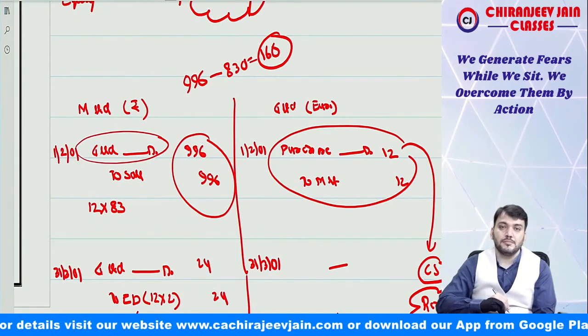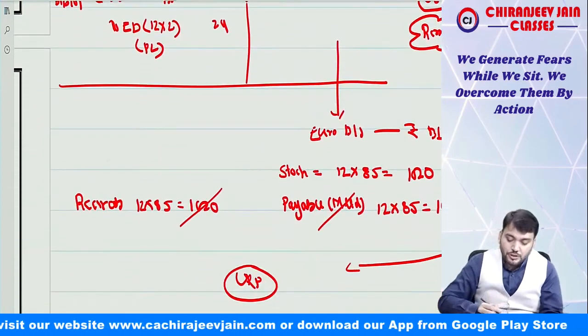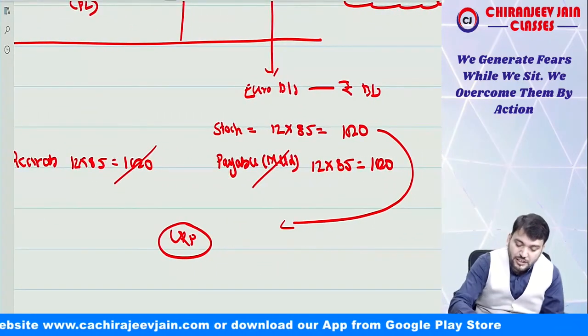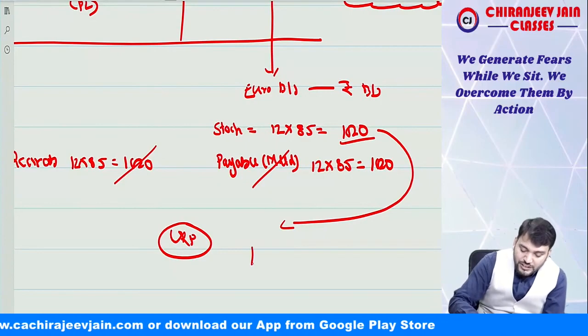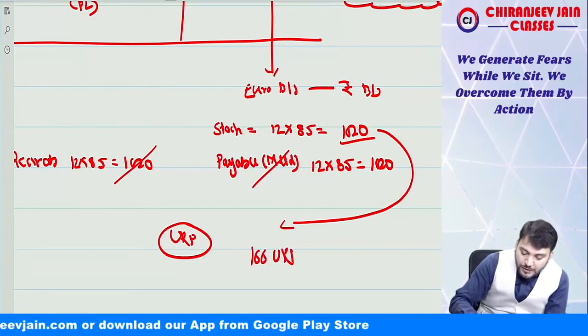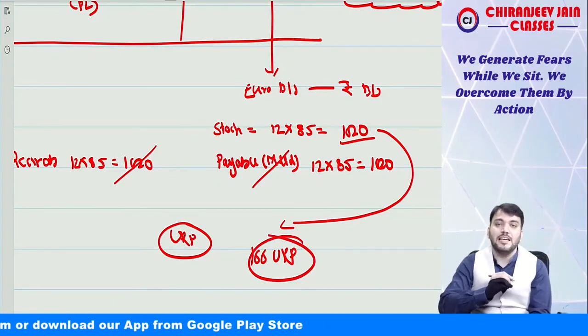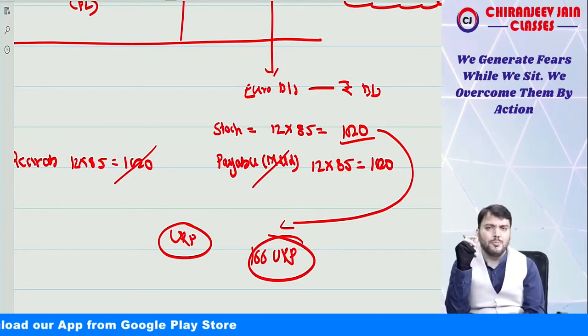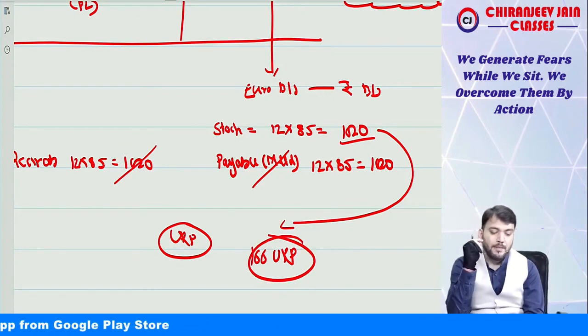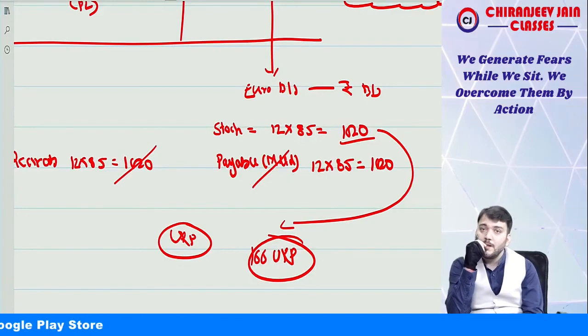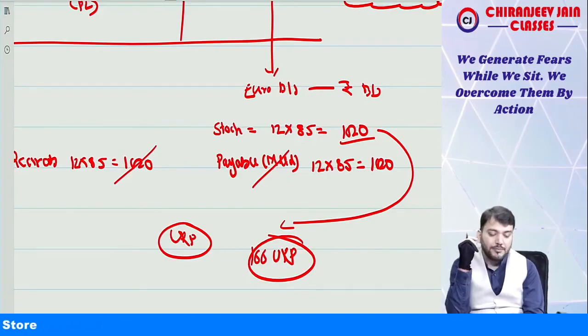So this needs to be eliminated. Means this 1020 includes 166 unrealized profit that needs to be eliminated. I hope you have understood this point.